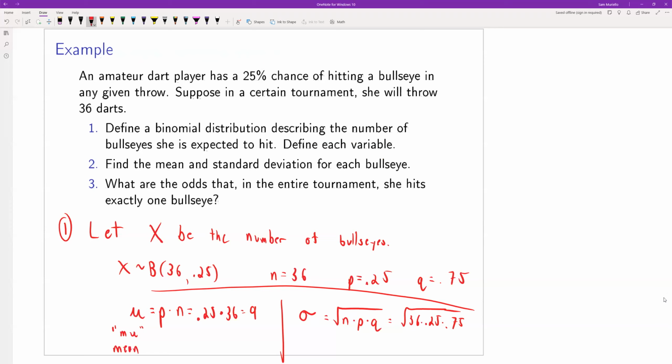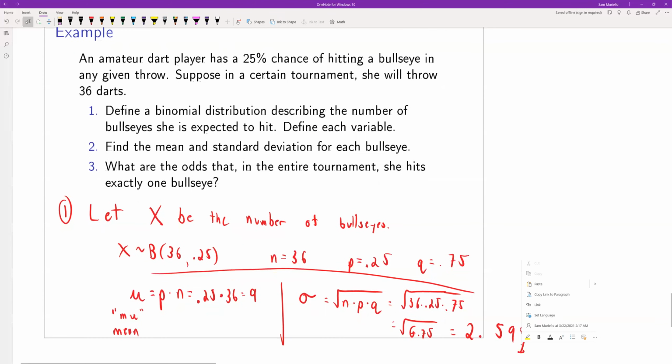That gives us 6.75. Then we'll take the square root of that, and we obtain 2.598. Remember, if it doesn't specify, 3 decimal places is probably a good amount.